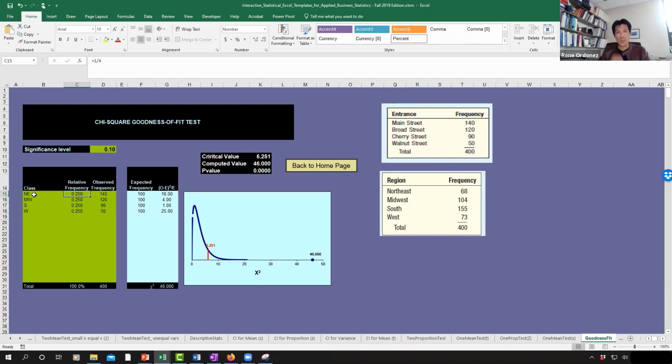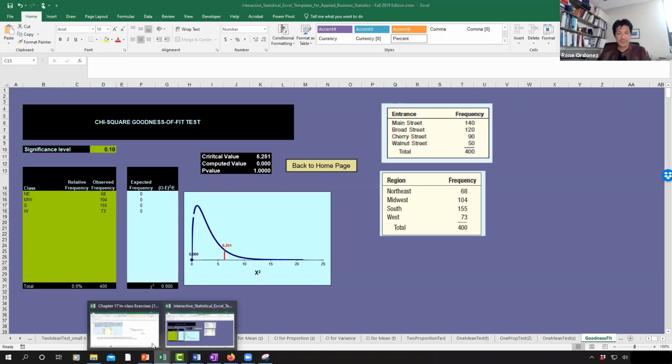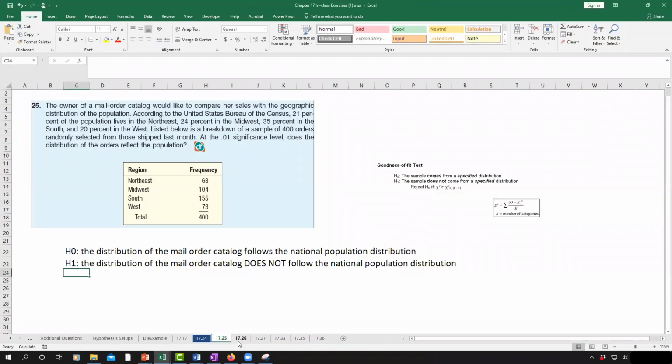The relative frequencies. So what should I be putting in the relative frequencies here? The observed frequencies are 68, 104, 155, and 73. What's missing here? The national ones listed in the problem. Okay, which ones are those, Aridian? 0.21, 0.24, 0.35, and 0.2. Okay, good. So that would be this 0.21, 0.24, 0.35, and 0.2.